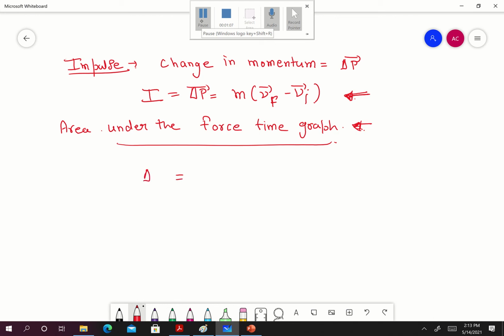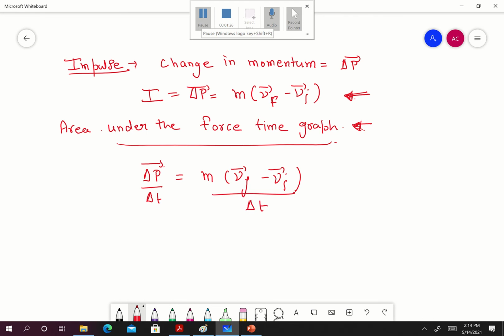So first of all, I'll write down the formula delta P equal to m v final minus v initial. Now let's say I divide this by delta t, and this with delta t also.